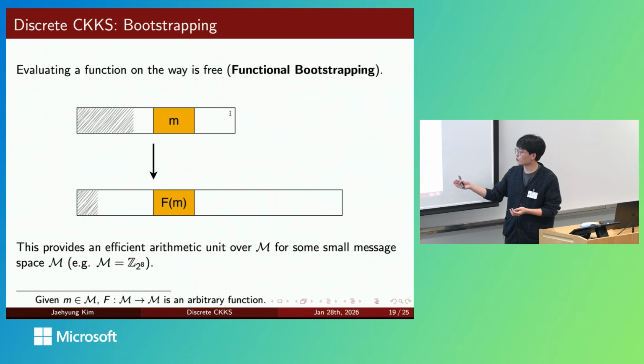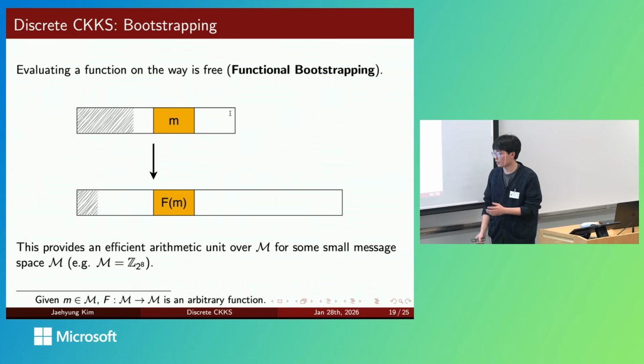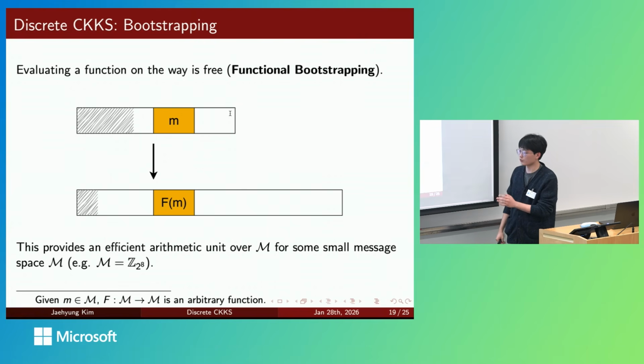And to note, it really provides vectorized arithmetic over some small message space. For instance, the message space is like Z to the 8, like modulo 256 operations, and you can use these to build whatever applications you want. And this is kind of a fundamental primitive of this discrete CKKS framework.